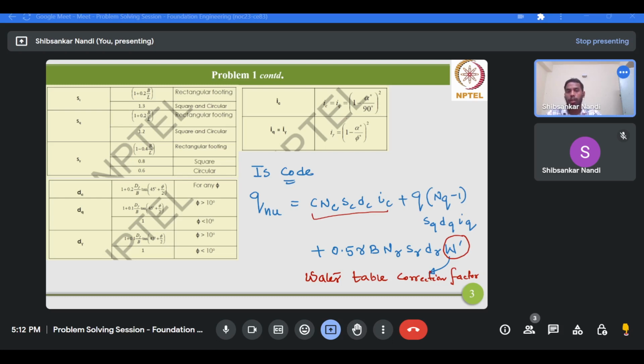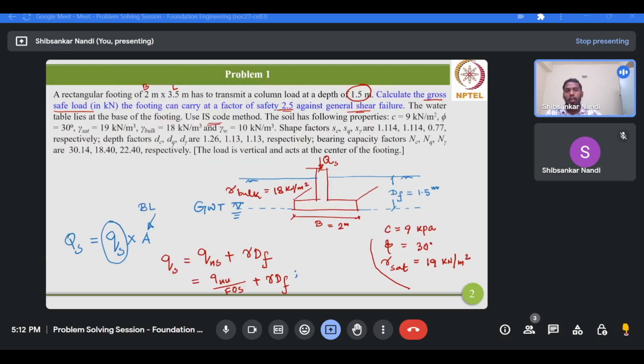Now one more thing that you should note: in this problem the mode of shear failure is also mentioned, general shear failure. As you know, there are two more types of failure possible in the field, local or punching shear. If this information is not given, then first you have to judge by which mode the underlying soil mass can fail when subjected to some load.